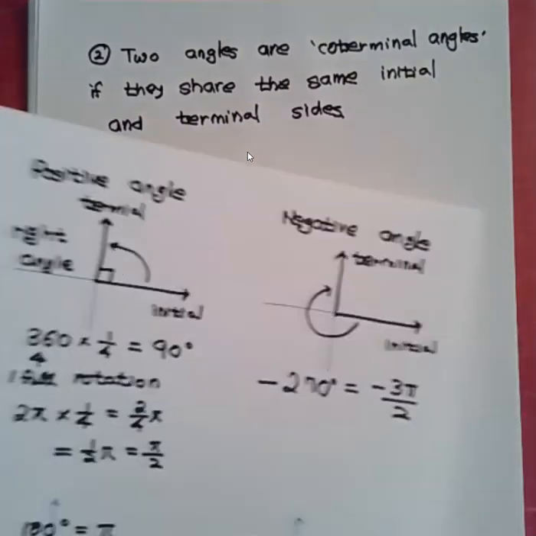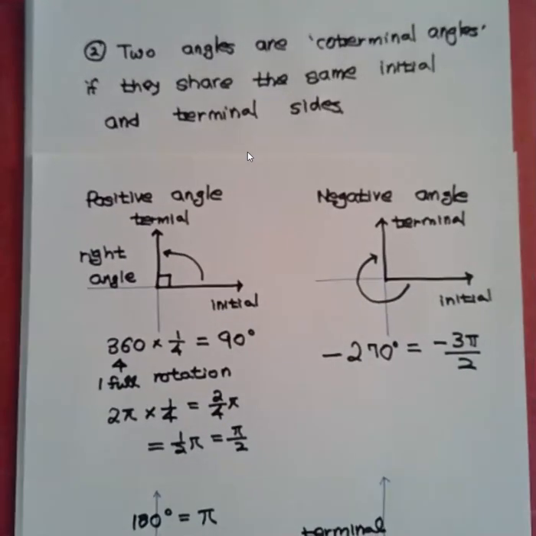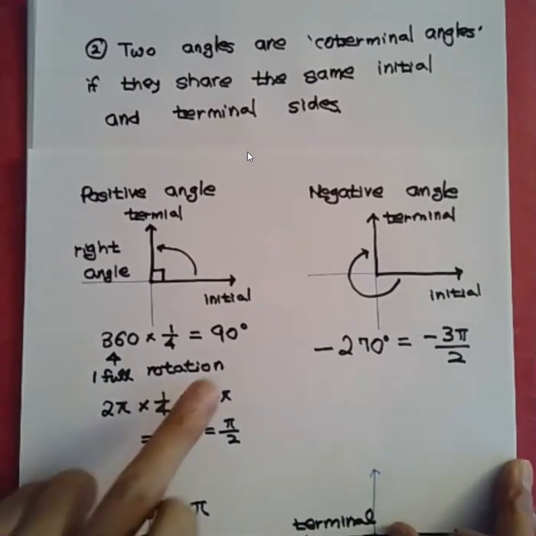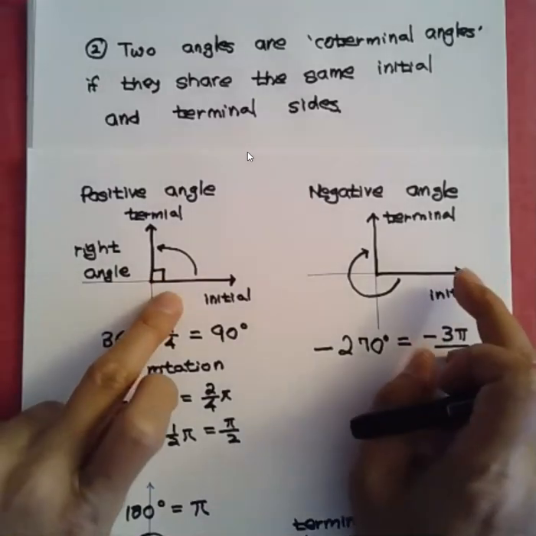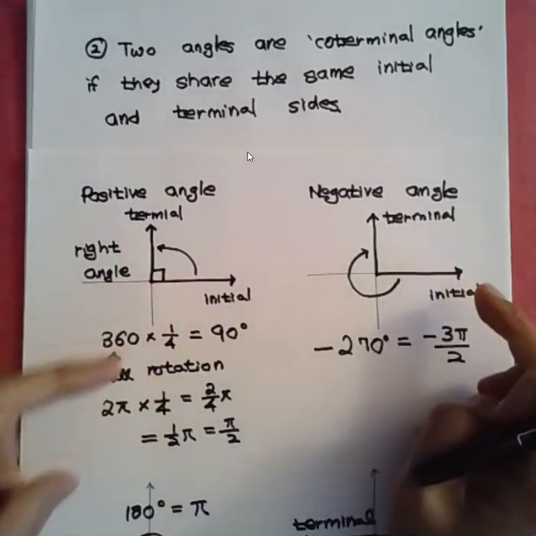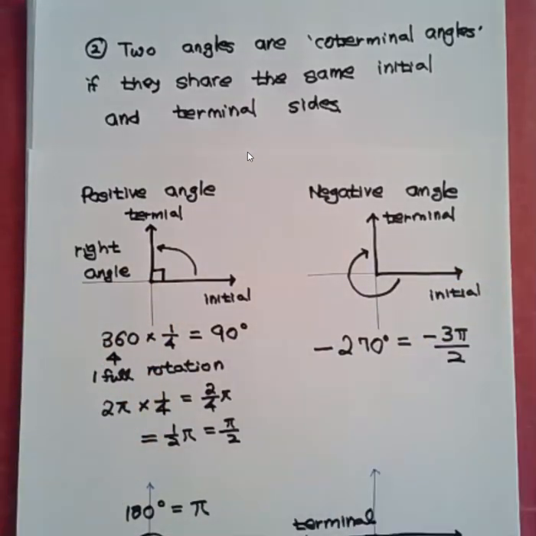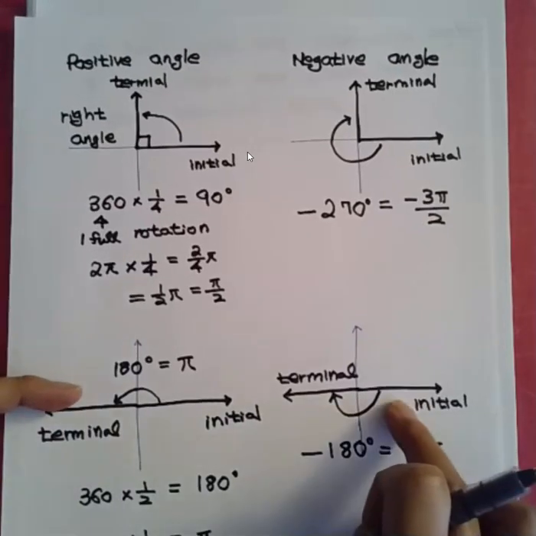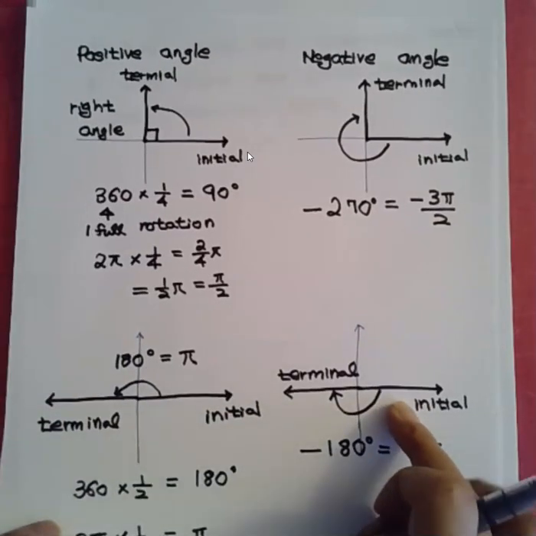We've seen some coterminal angles already. For example, this angle and this negative angle are coterminal angles. Again, this angle and this angle are coterminal angles.